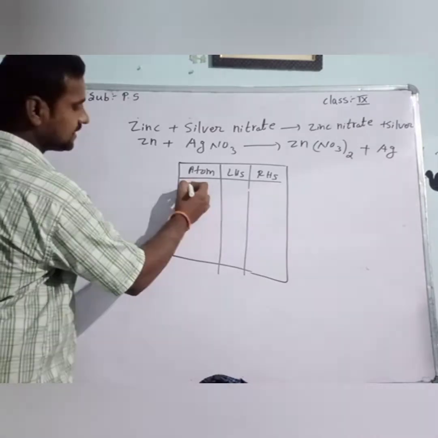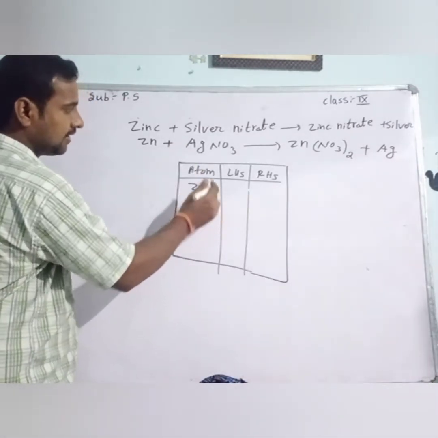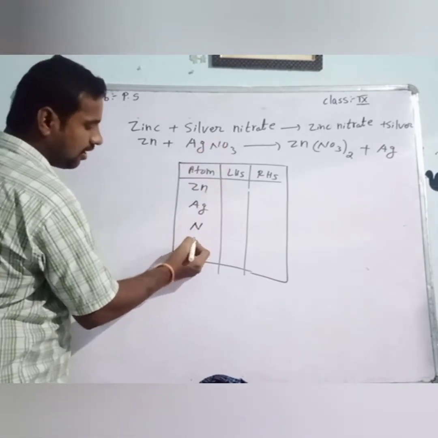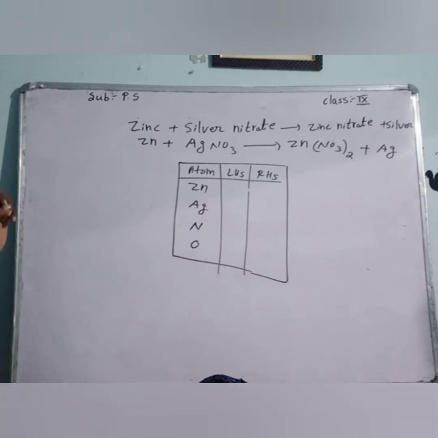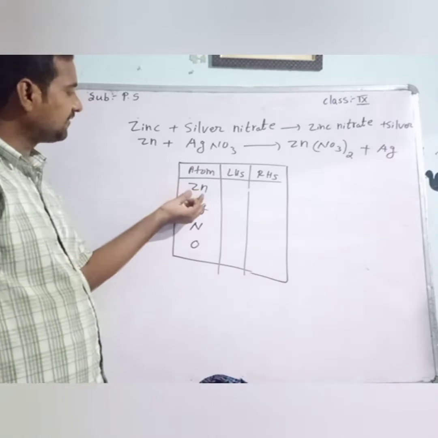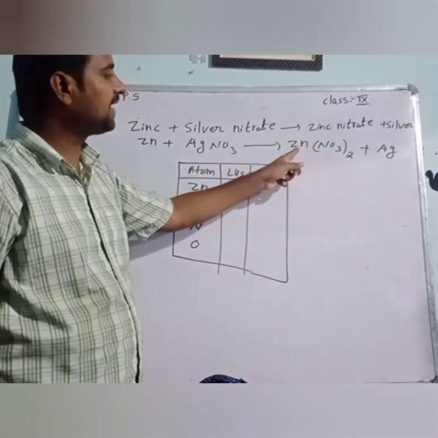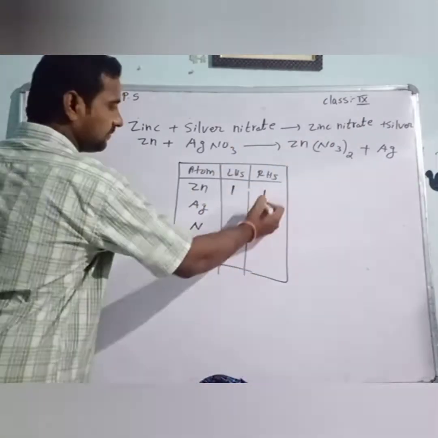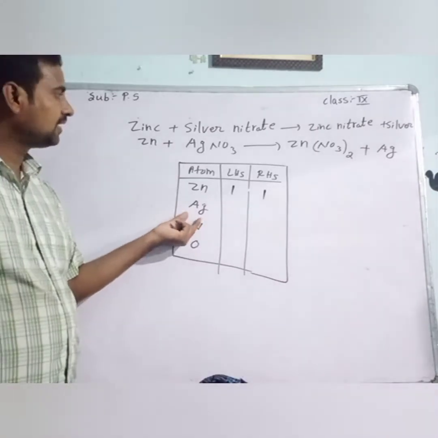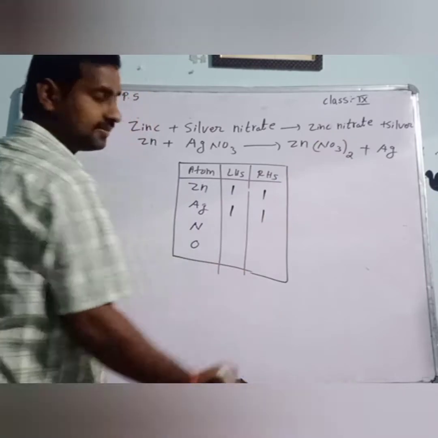Now in LHS, how many atoms? The number of atoms for zinc is equal to 1. In RHS, the number of atoms for zinc is equal to 1. Okay, the number of atoms of silver: in LHS only 1, RHS also 1.